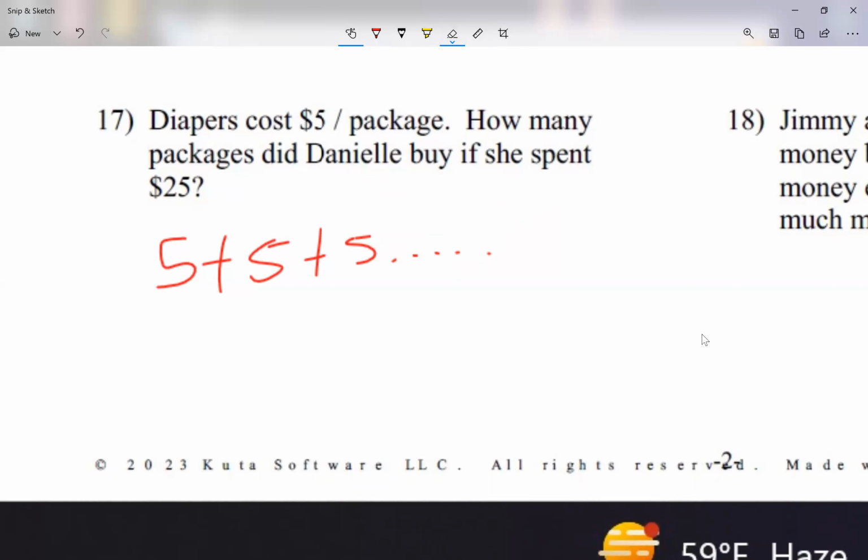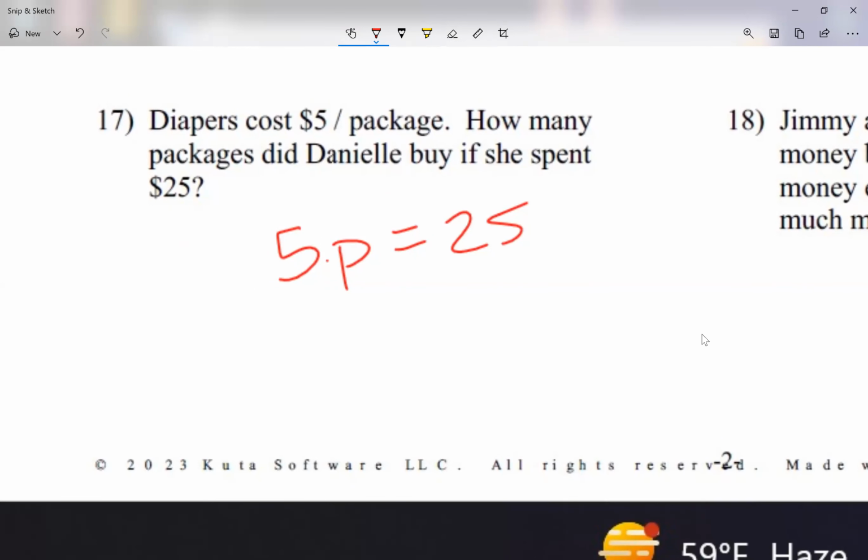But with repeated addition, I know that when I'm adding the same number over and over, that's basically times. So let me erase this really quick. I'm going to say 5 times P, 5 times how many packages I bought. 5 times P is equal to 25.